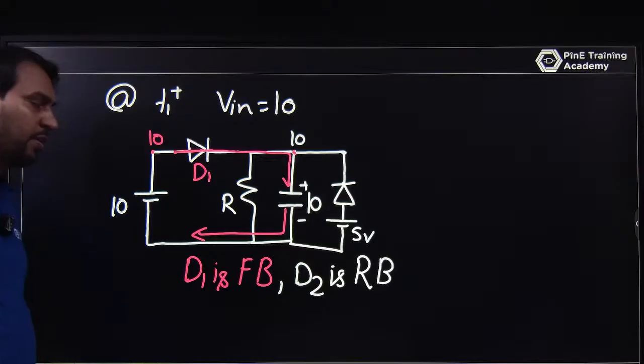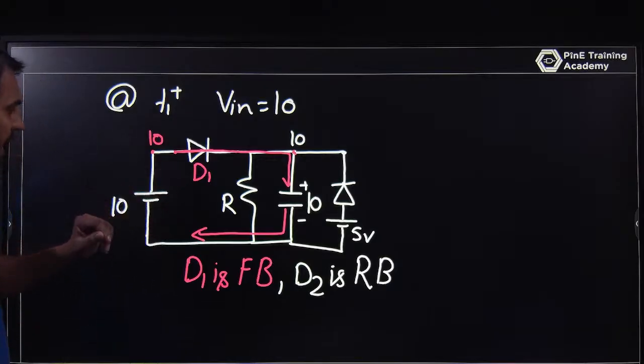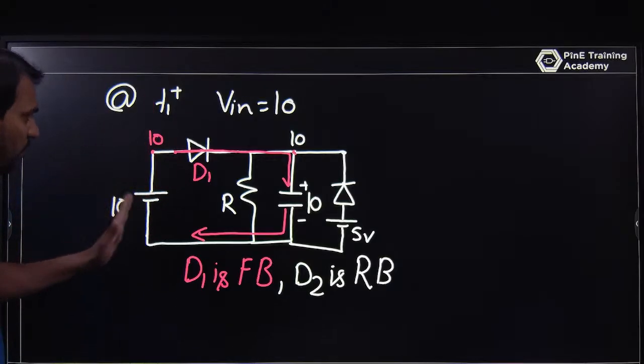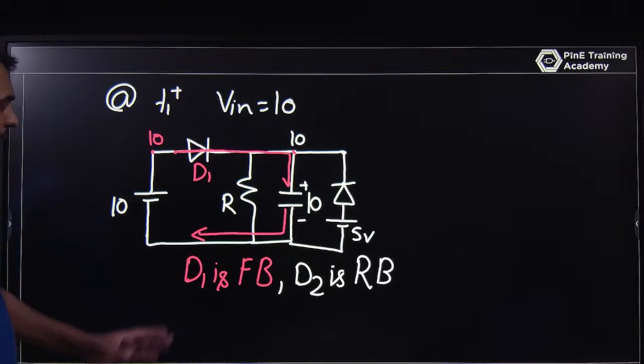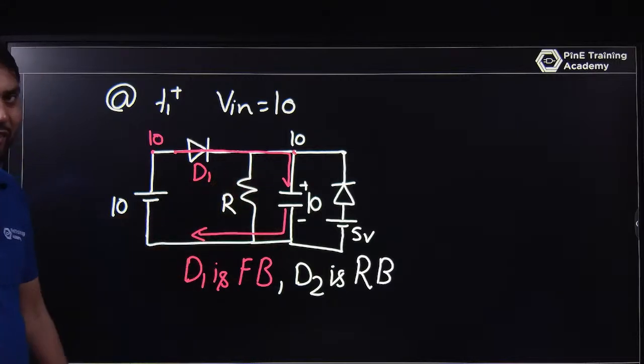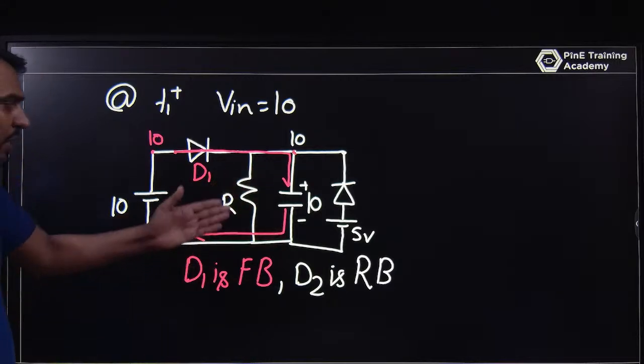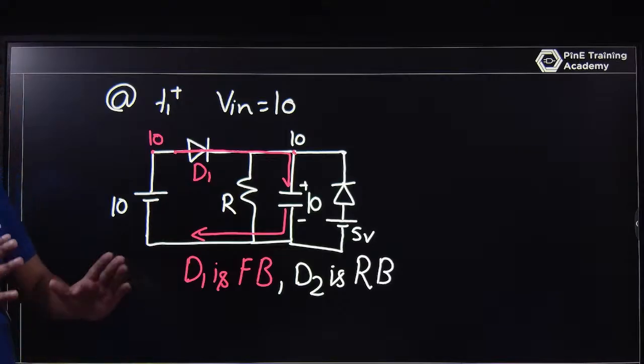Yes, please check it. I am just following that. Just at T1 plus, the input voltage is 10 volt, the diode is present in the circuit, and initially the capacitor has 5 volt. The capacitor will not allow a sudden change, it will maintain 5 volt.